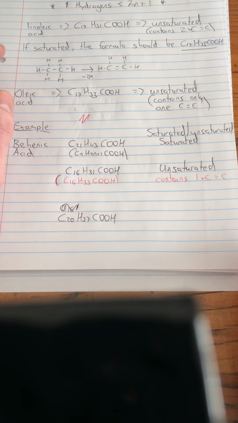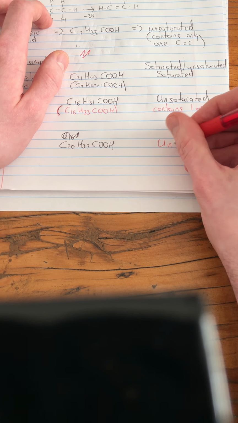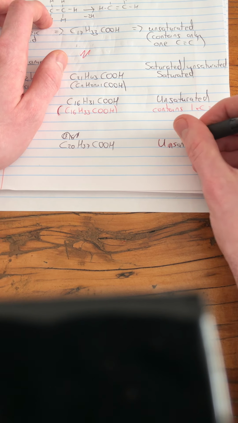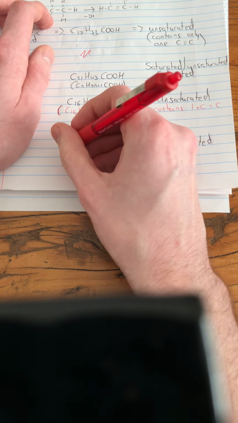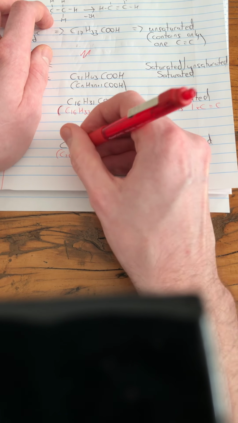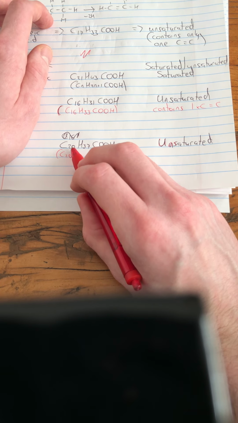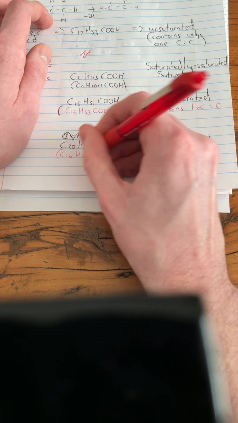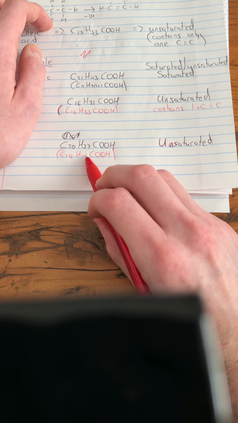Now, this one, again, just looking at this, I can instantly say this is unsaturated. Hopefully you got that. The reason it's unsaturated is because if it was saturated, it would follow the general formula. So C20, n equals 20, so 20 times 2, 40, plus 1, that would be H41COOH.